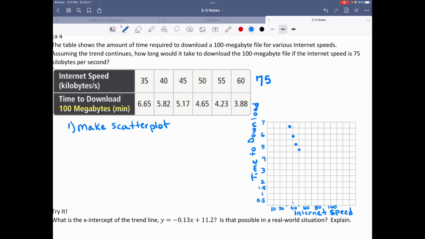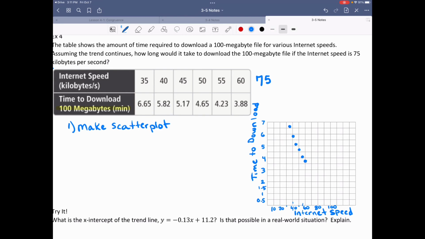And then for an internet speed of 55, that's going to be in between 50 and 60, 4.23, so about here. And then an internet speed of 60, that's going to be 3.8, so right about here.